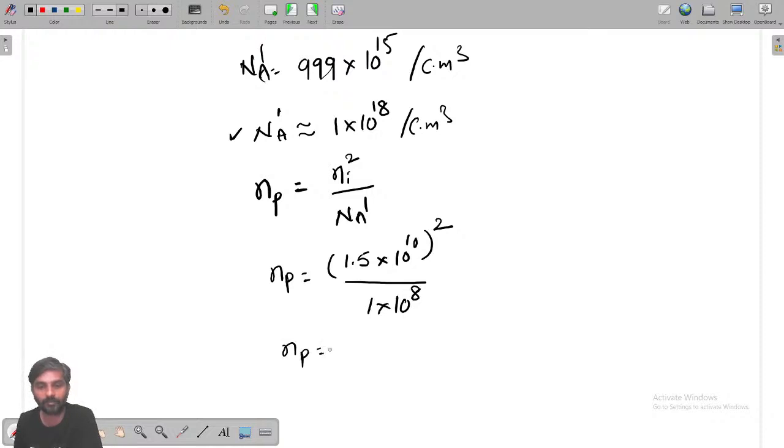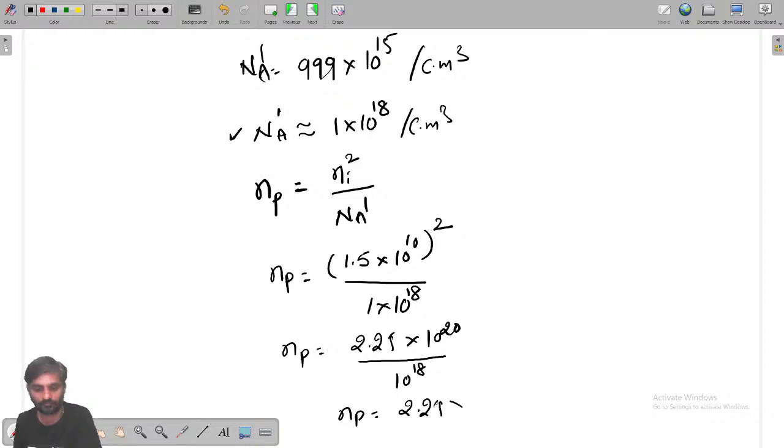So this is going to be 2.25 into 10 to the power of 20 divided by 10 to the power of 18. So NP is going to be 2.25 into 10 to the power of 2.